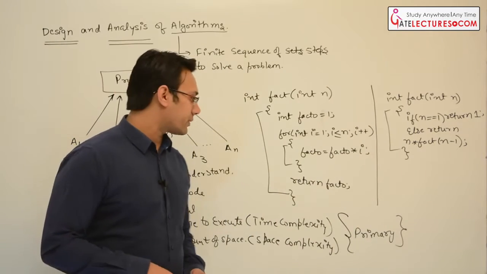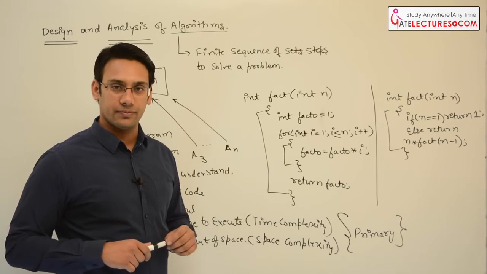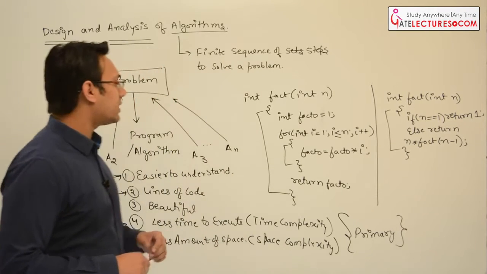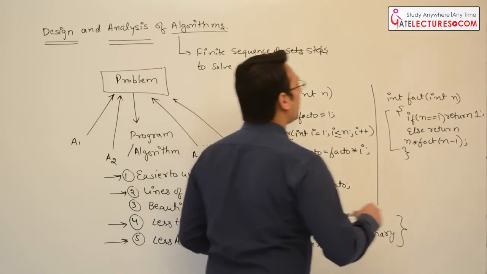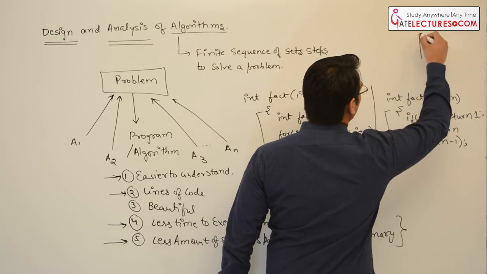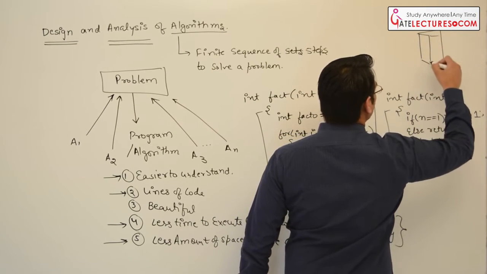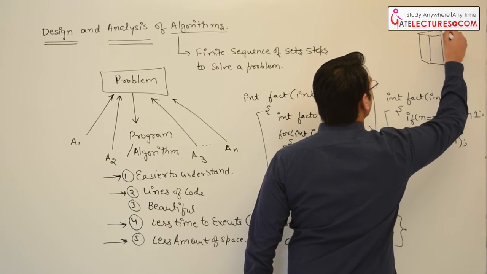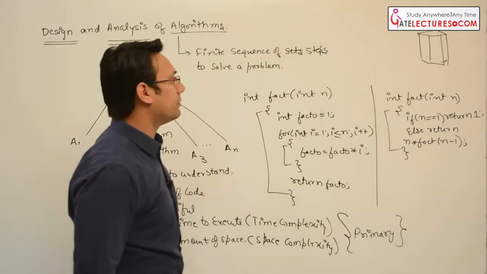How can you say a program is better than the other program on the basis of time complexity? Let us do one thing. Let us say that we have a computer here, like our home computer. I don't know how to draw this, but let us say this is the computer.